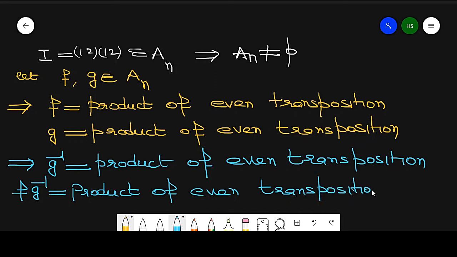So a product of even transpositions belongs to An.